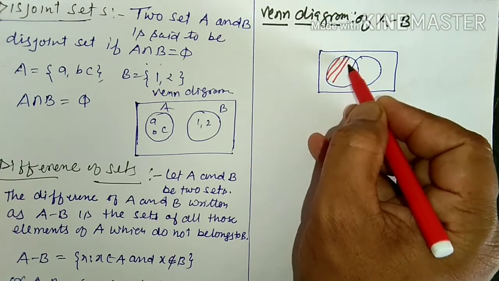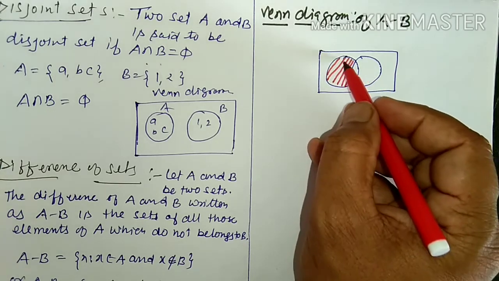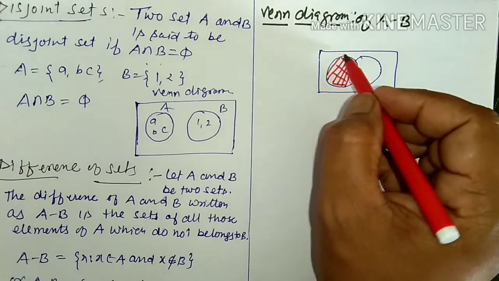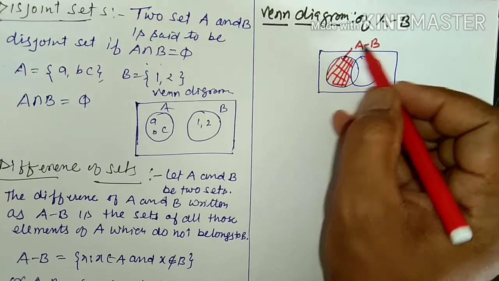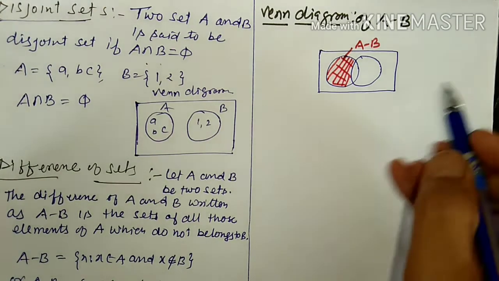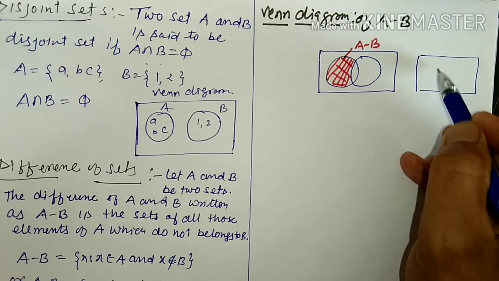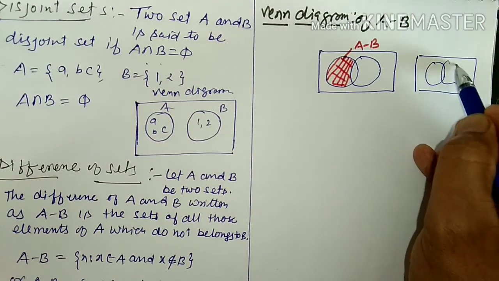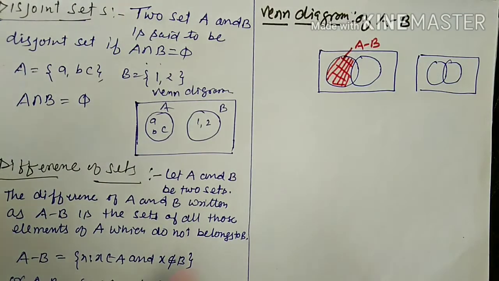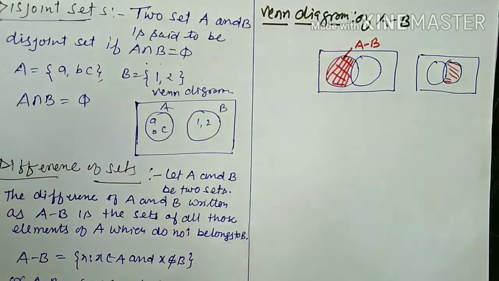We do not take the common portion as well as the portion of B. So this is A minus B. Clear? If we have B minus A, similarly we can write it, again this diagram, and which portion? This portion only. Clear?